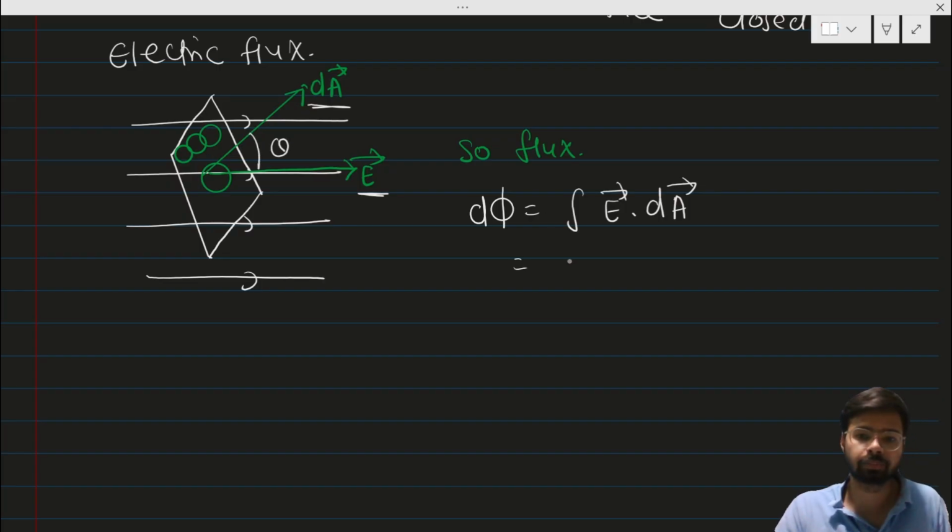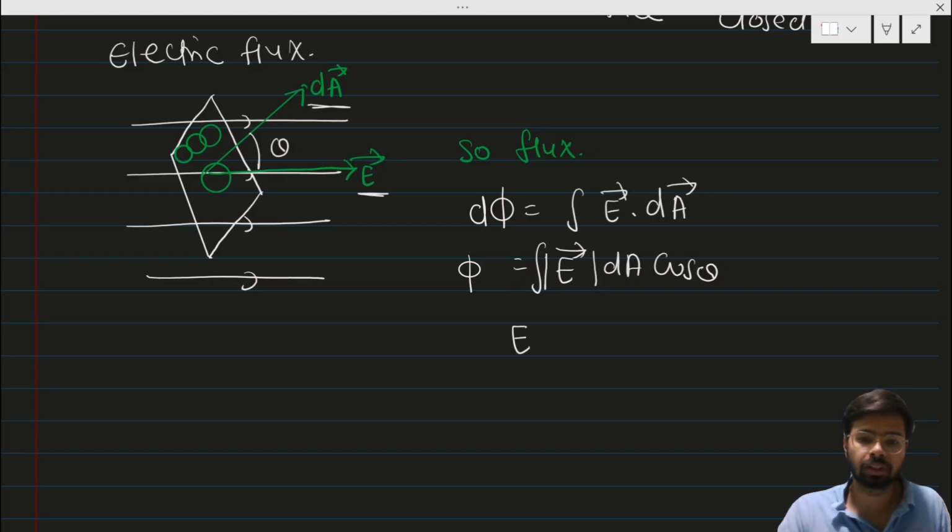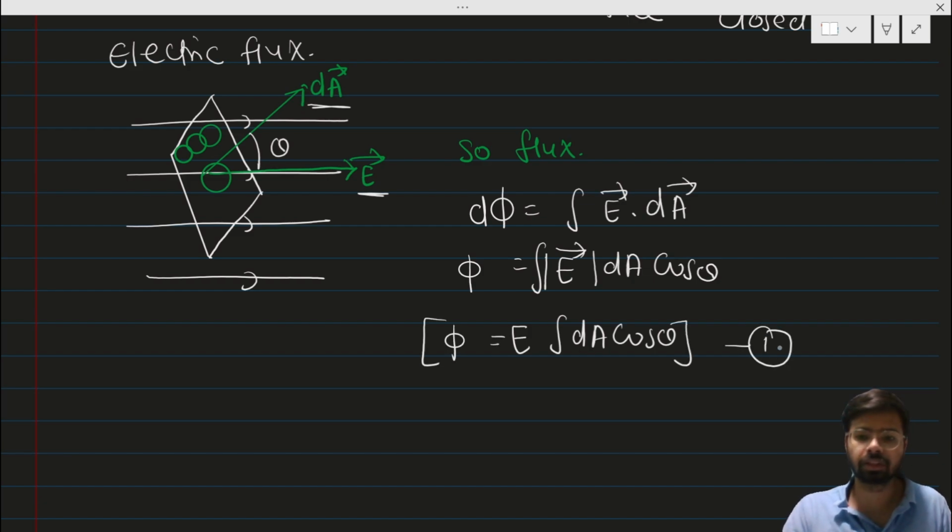So we can say it is the magnitude of electric field times dA cos theta. So phi is defined like this. If the electric field is constant, it can be put outside the integration, and this will be the integral of dA cos theta. So flux phi is defined like this. This is the equation.